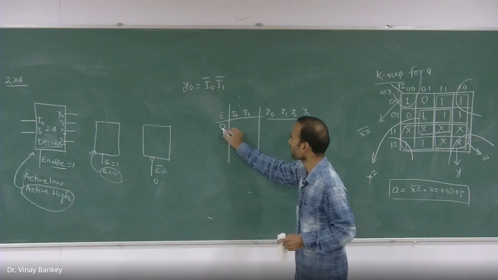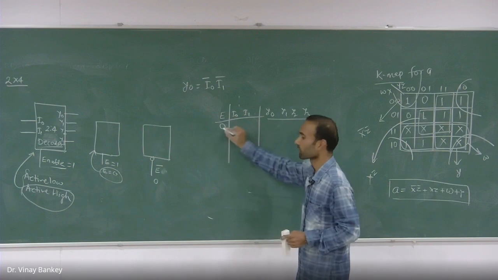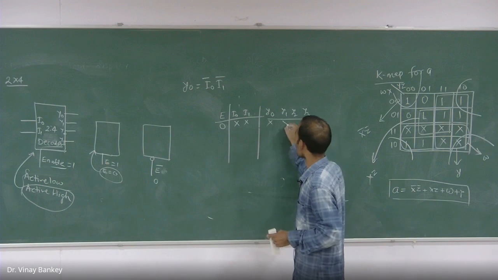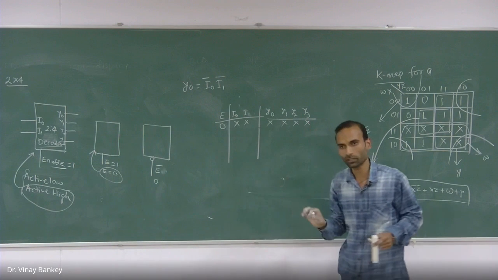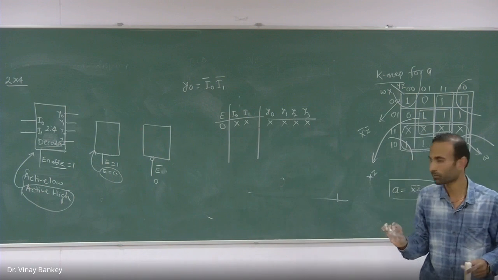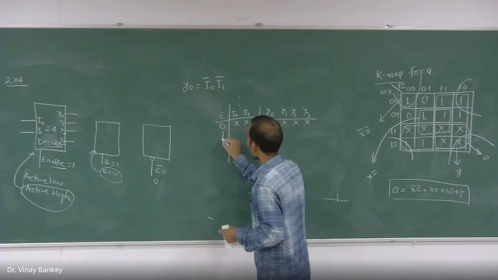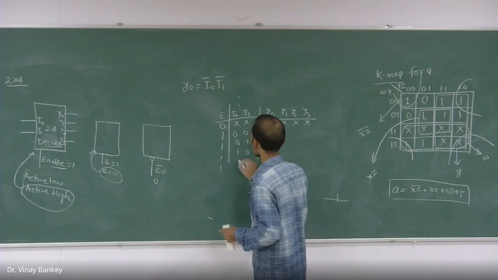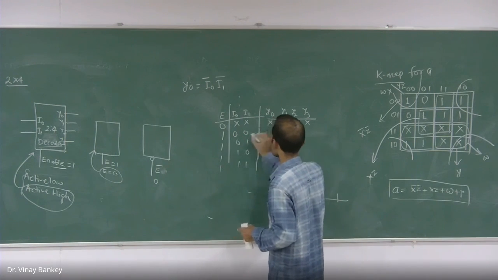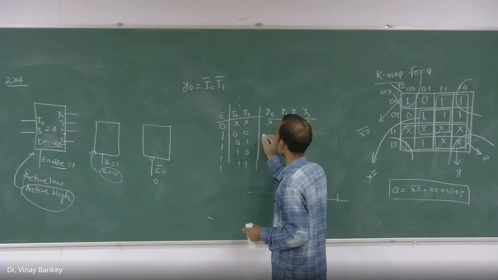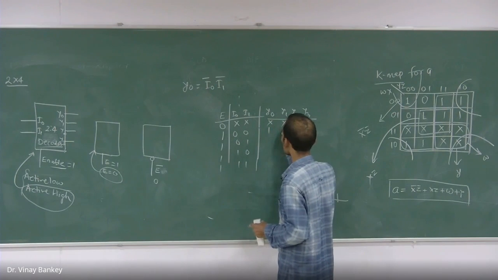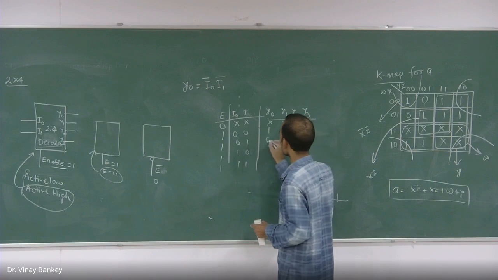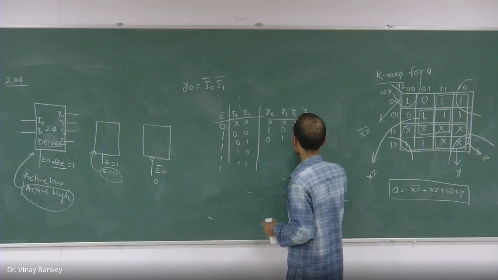So when E is 0, this will be don't care. This will not be working. Correct? And to operate this IC, this E should be high for all the cases. And when you have 0, 0 at your input, Y0 will be on and the rest will be off. For 0, 1, Y0 will be 0 and this will be on.